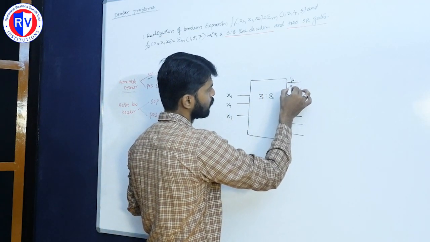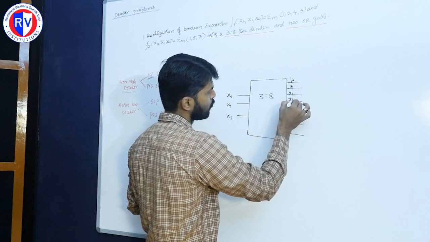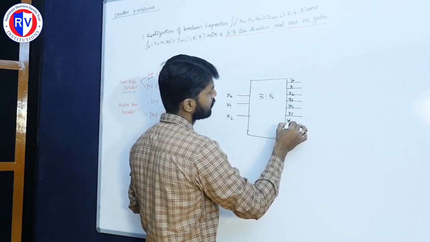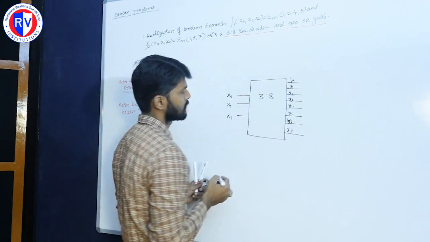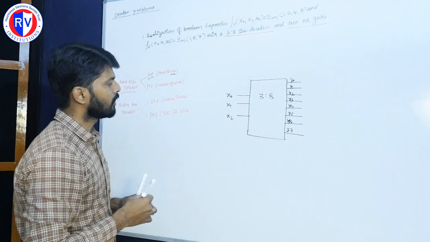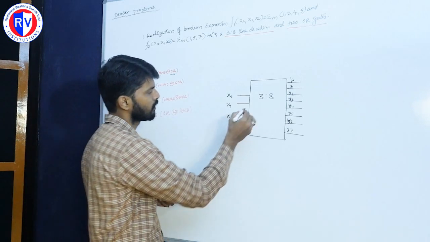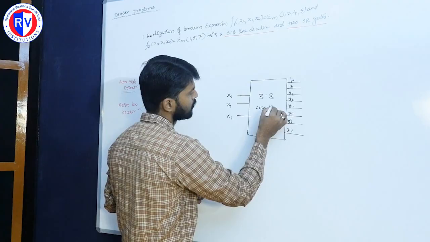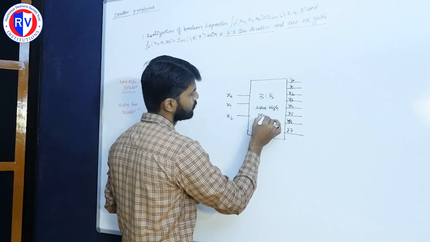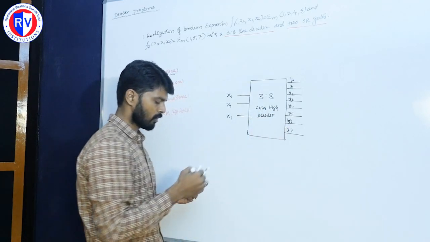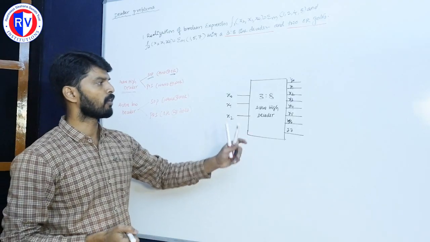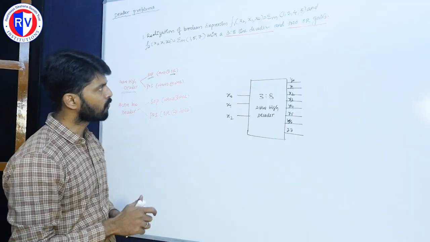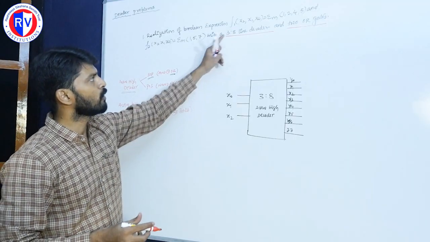Outputs are y0, y1, y2, y3, y4, y5, y6, y7, and I need to design a 3:8 active high decoder. As soon as we see this, it indicates an active high decoder. Active low decoder means what? The outputs contain a bubble.